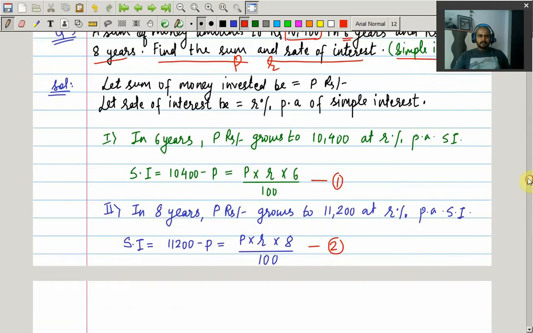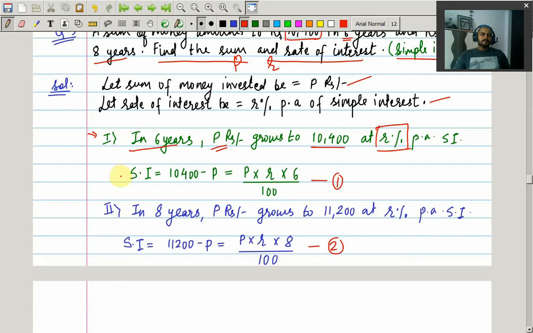So let's begin the solution. Let the sum invested be rupees P. It's unknown, and the rate of interest is R% per annum. We are treating it as simple interest. So the first given thing is in 6 years, this unknown amount grows to 10,400 at this rate, which is also unknown.